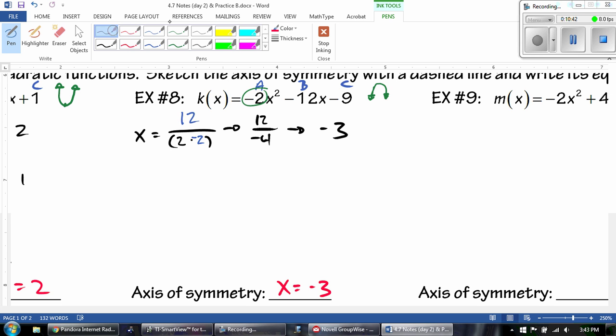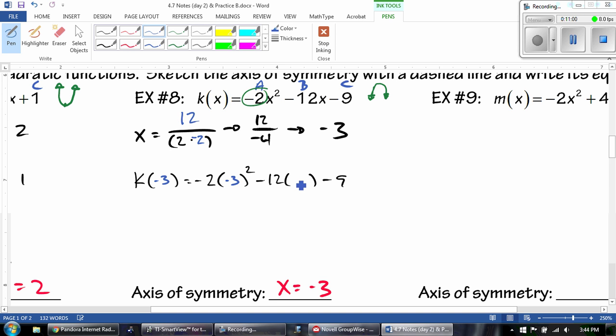Okay, so now I'm going to find out what my y value is for my vertex. I'm going to plug in negative 3. So negative 2 times negative 3 squared minus 12 times negative 3 minus 9. Negative 3 squared is 9. 9 times negative 2 is negative 18.